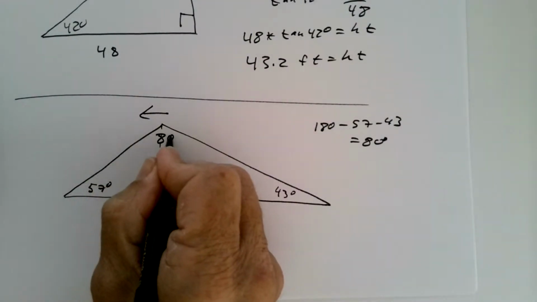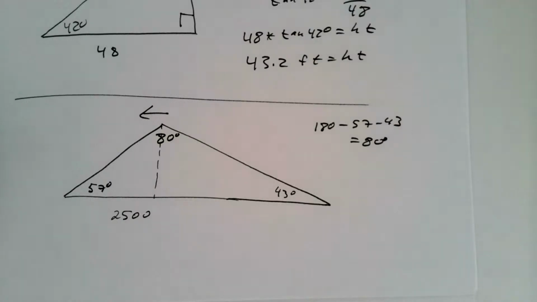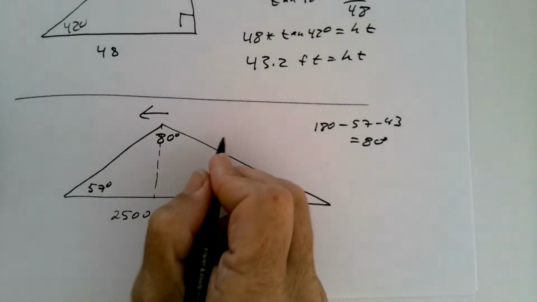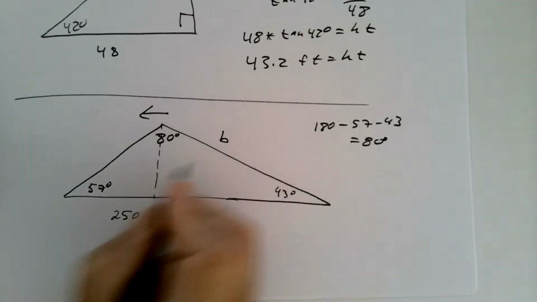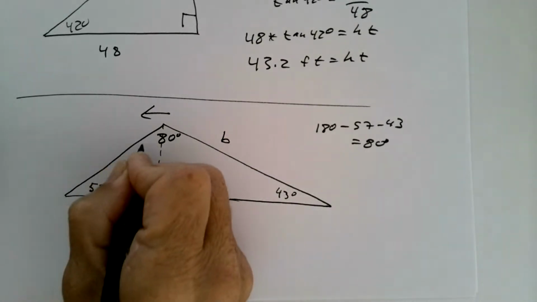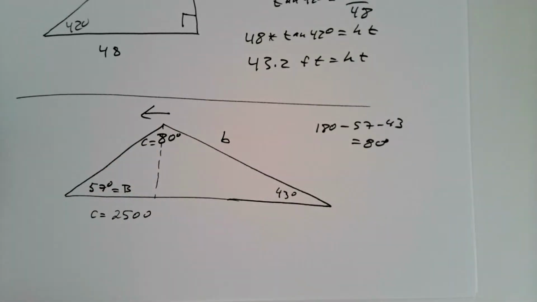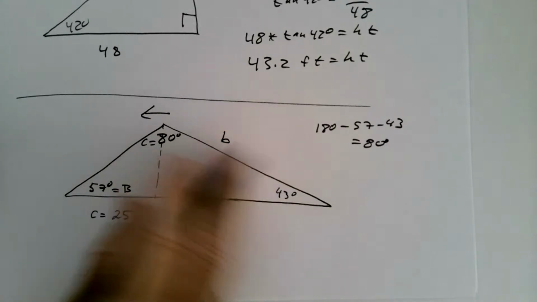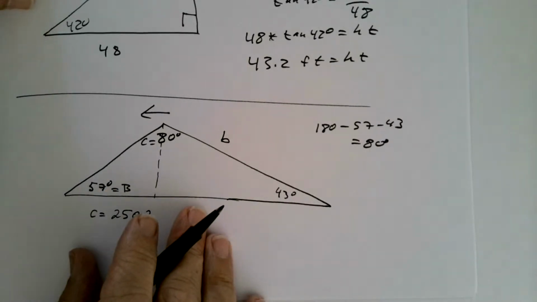So now I have all three angles that I'm working off of. Well, I'd like to find one of the sides. So let's call this B, and let's call this C, which would make this angle B, which would make this angle C. And then I can use law of sines to find the length of side B.